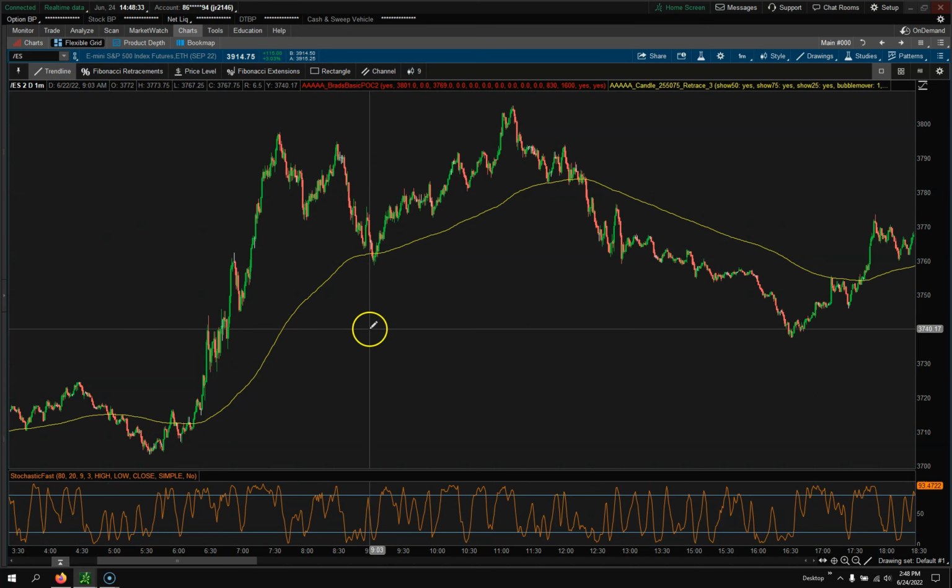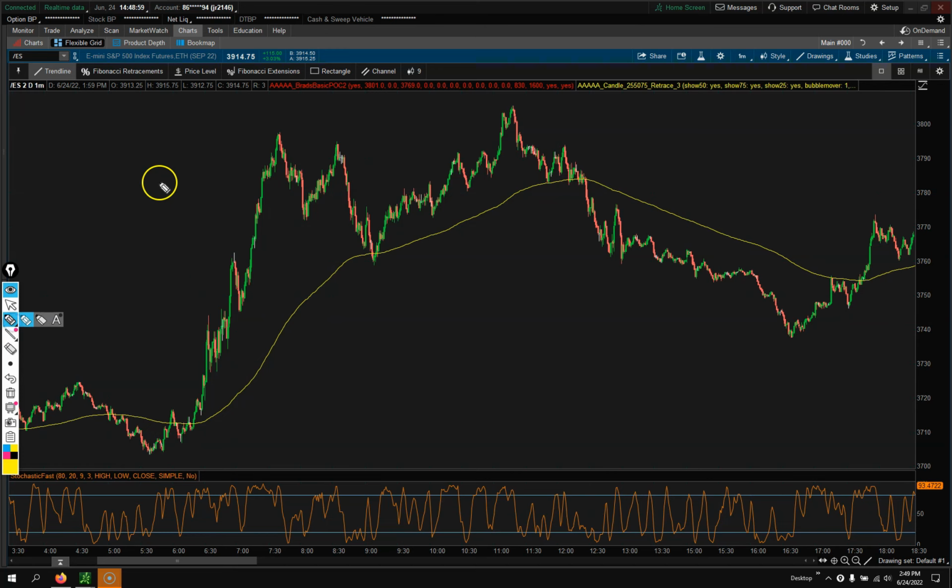So essentially, divergence is when price makes a high, price is going higher like this, but then the stochastic, and I like to use the stochastic with just the 3 showing on a 1-minute chart, where essentially when price is going up, stochastics should also be going up.